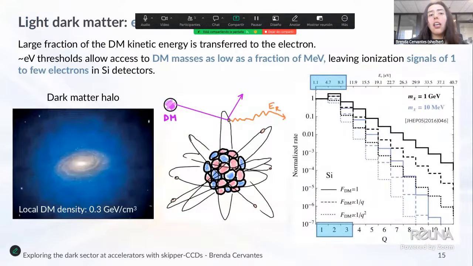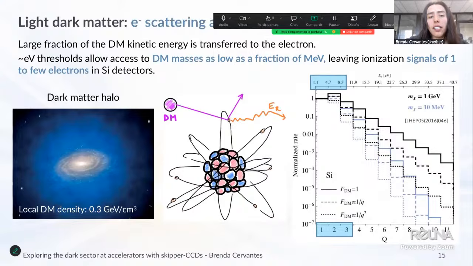So how are we searching for light dark matter with the skippers? Well, we use the electron scattering detection channel. Essentially, this is the Milky Way here, and we live surrounded by a dark matter halo.